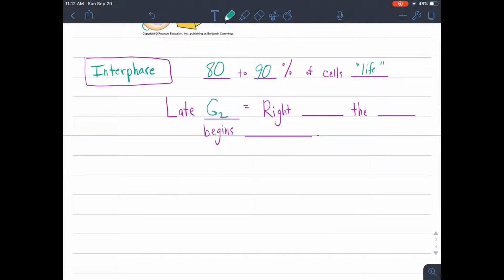But in the late stages of the G2 phase, right before the cell begins division, we actually have something really cool happening: the cell knows that it's going to be dividing, and so the organelles and the DNA are duplicated.